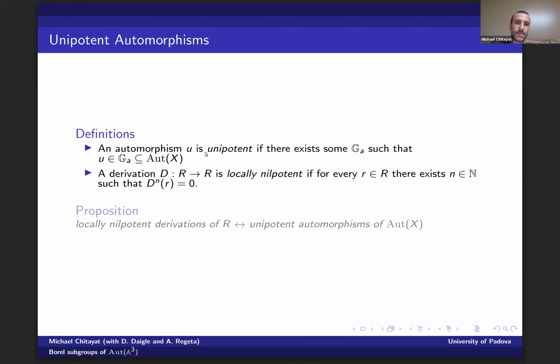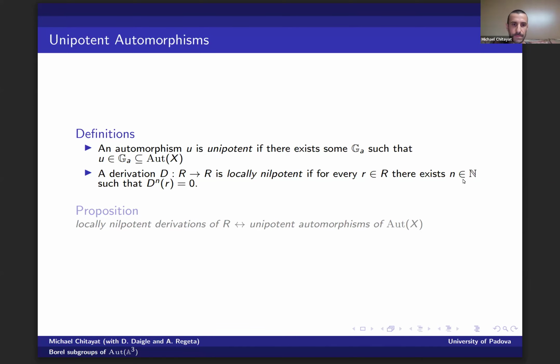An automorphism is unipotent if it sits inside some copy of GA inside the automorphism group of X. And a derivation is locally nilpotent if for every element of your ring R, there is a natural number n such that if you apply your derivation enough times, you eventually get zero.